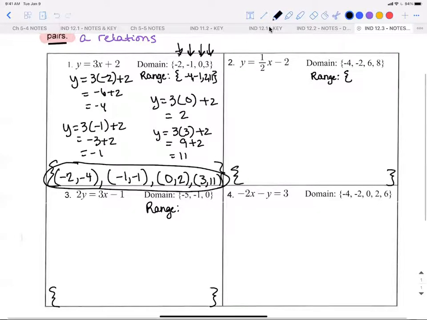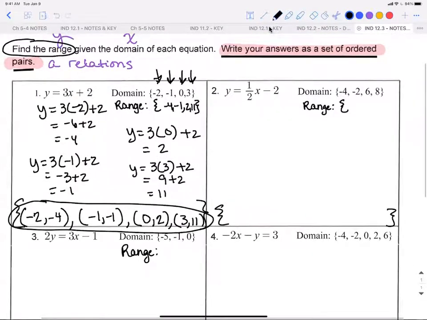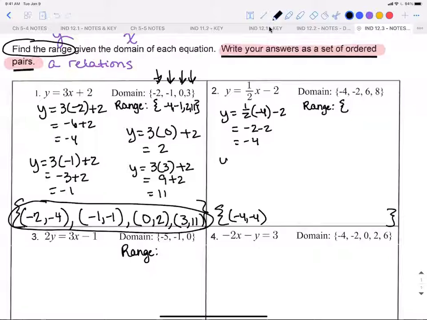well, I'll do this one with the fraction. So y equals 1/2 times -4 minus 2. Half of -4 is -2 minus 2, which equals -4. So my first ordered pair would be -4, -4. Then I work it again: 1/2 times my next x value, which is -2, minus 2.